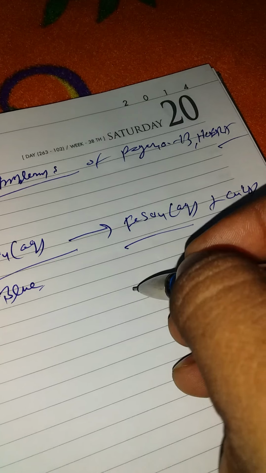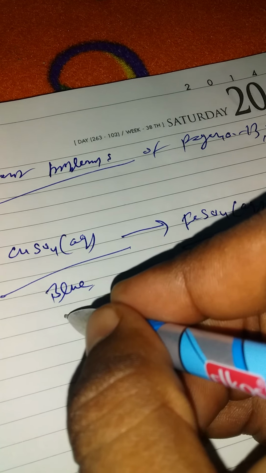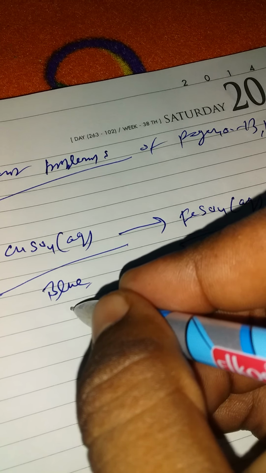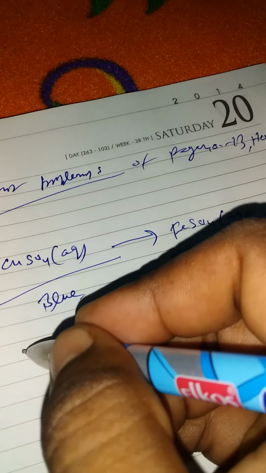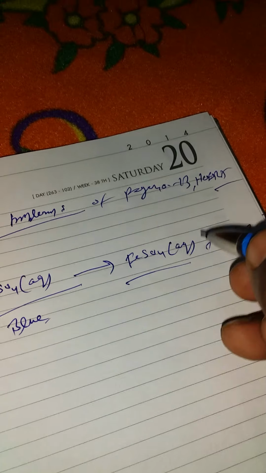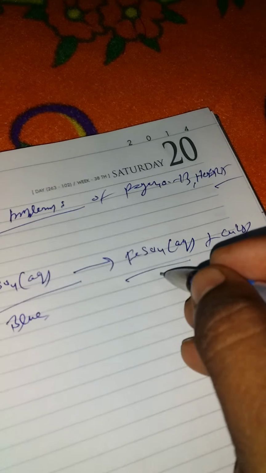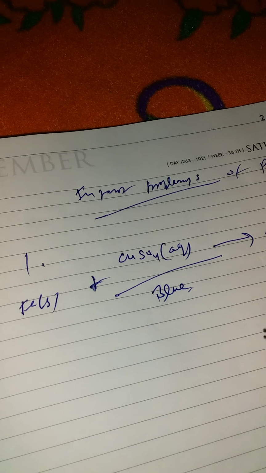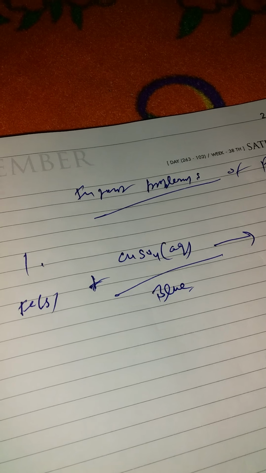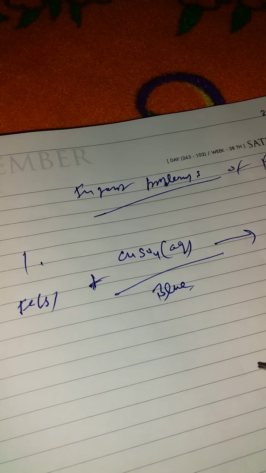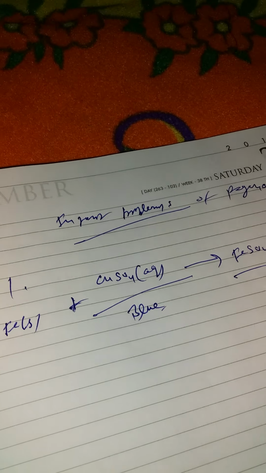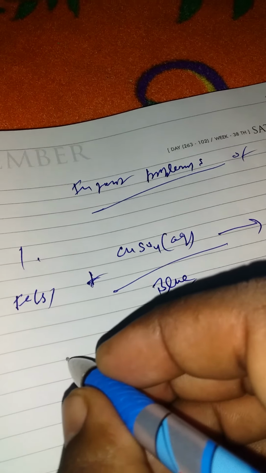That's why the blue color of copper sulfate changes, due to the formation of a new substance, iron sulfate. So the color of copper sulfate solution changes when an iron nail is dipped into it due to displacement reaction.